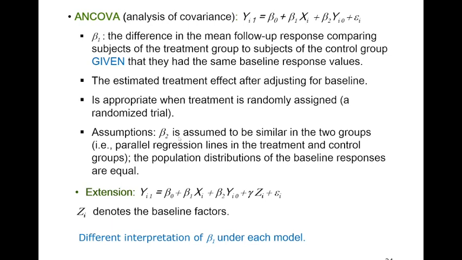That's the number one assumption. Another assumption is that the population distributions of the baseline responses are equal. It requires the baseline values to have a similar distribution. And there are some other assumptions as usual, for example, a constant, homogeneous variance across the two groups.